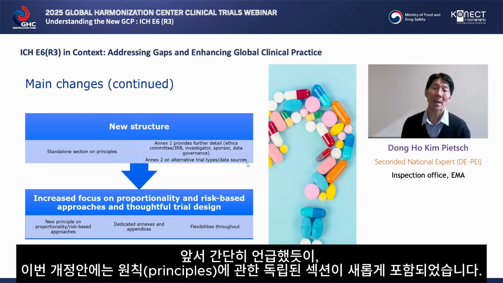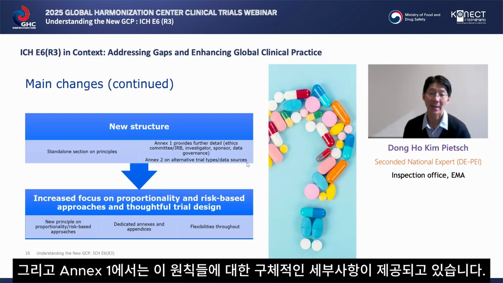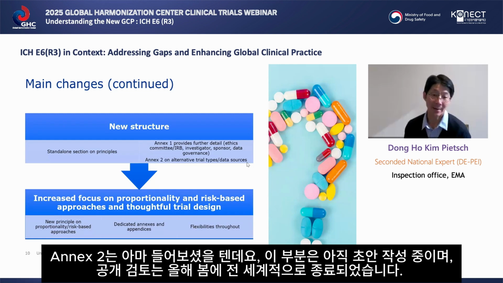I briefly mentioned there's now a standalone section on principles and on the structure, and then there's Annex 1, which provides further details. And Annex 2, which you hopefully have heard about, is still under drafting.